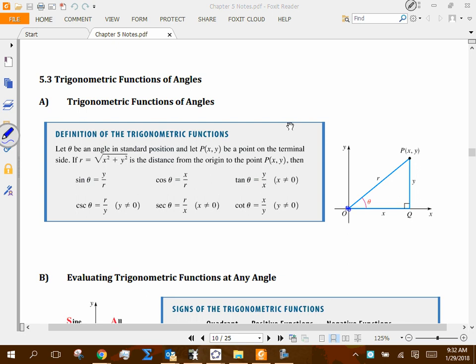Now, the reason we do this is because our x and y axes are already set up and numbered according to the number line to allow us to find distances pretty easily, aren't they? Let me zoom in here real quick.